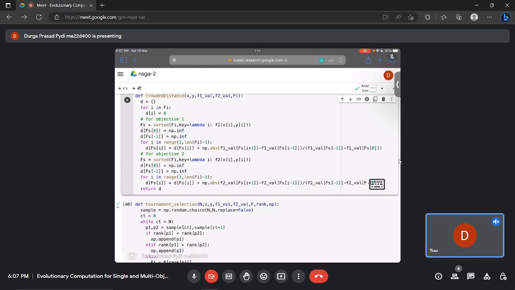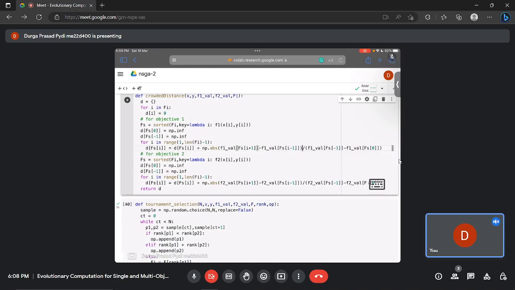Except for the boundaries, for every other solution, you are updating the distance value. So d of that particular individual, the sorted one, fs of I, you update the value here for objective 1. It has two neighbors, I plus 1 and I minus 1. So you take the difference of I plus 1 minus I minus 1, that will give you one length.